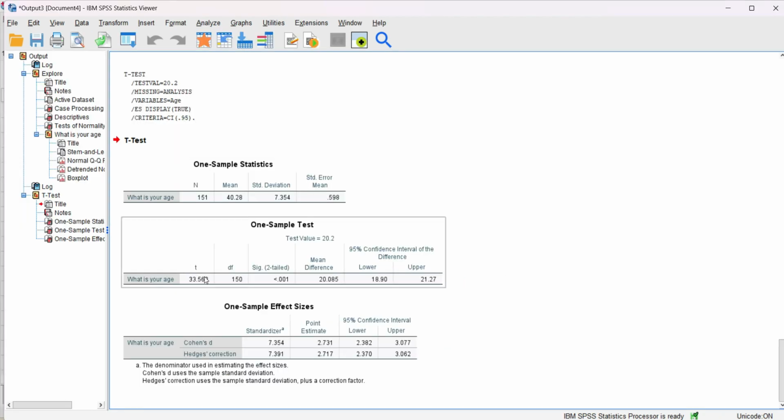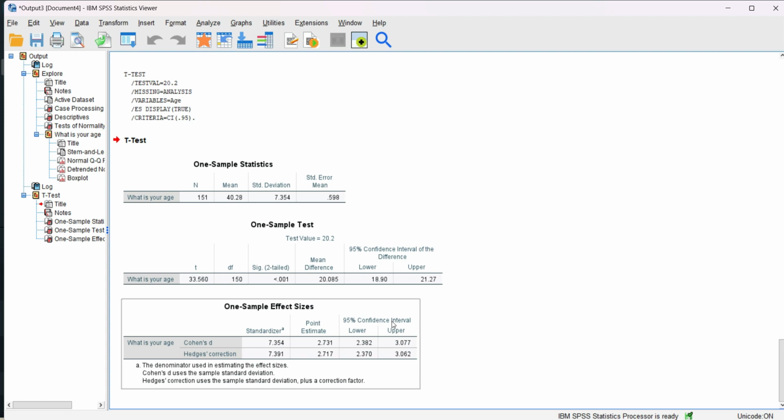Now as you can see, this is the result of one sample t-test. This is the sample statistics. So the one sample t-test values, in comparison with the 20.2 test value, indicate that there is a significant difference, such that this t is positive, which means our sample mean is greater than our test value, and this is the mean difference.